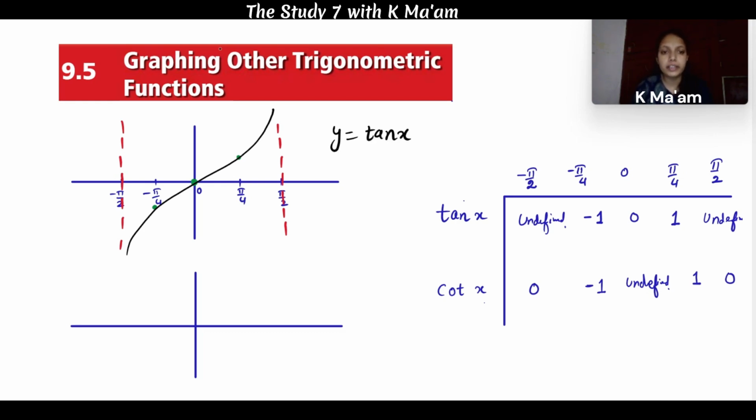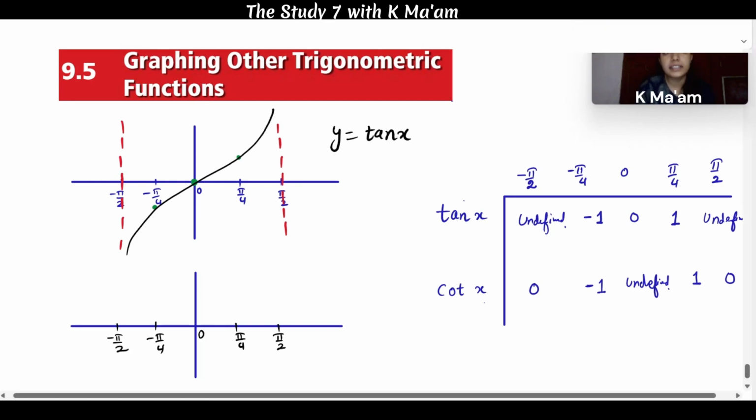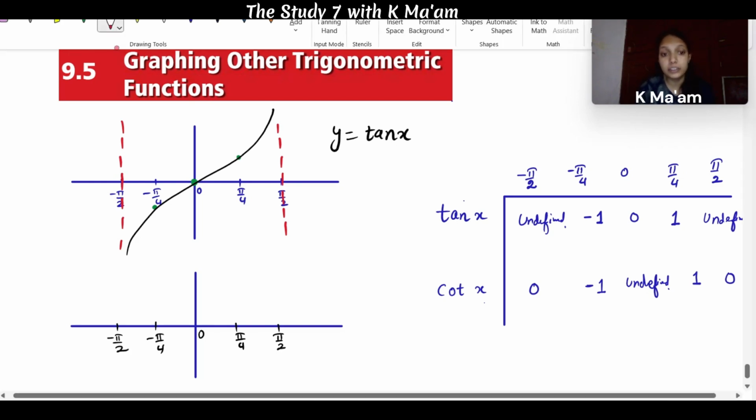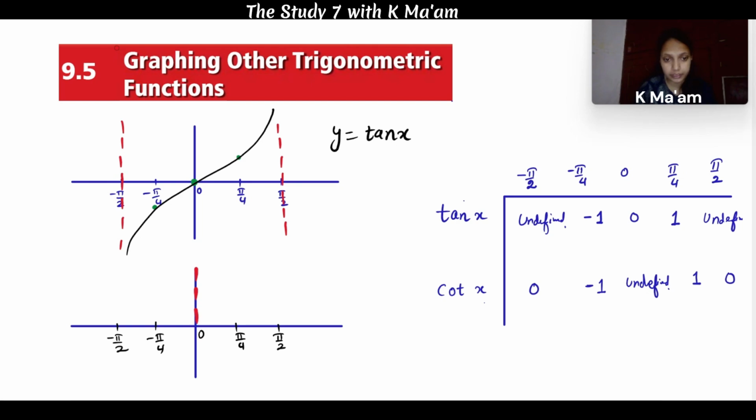Now for the cotangent: 0, pi by 4, pi by 2, negative pi by 4, negative pi by 2. Where is it undefined? It is undefined at 0.